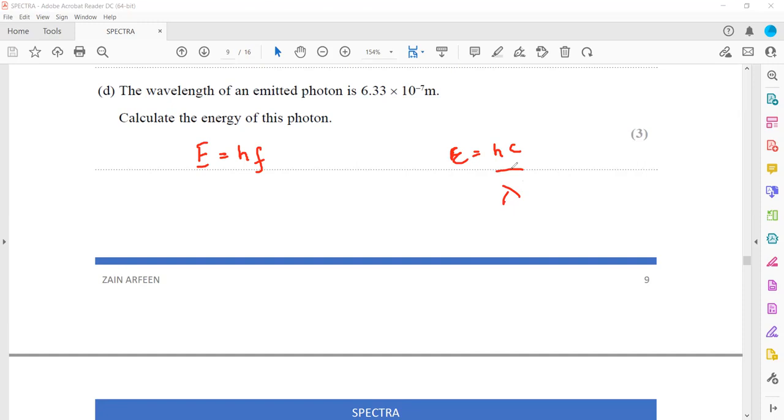Separately, you can work out the frequency by speed divided by wavelength and then substitute in the formula E = hf, or you can directly use the formula hc/λ to get the final answer, where h is Planck's constant, c is the speed of electromagnetic radiation, which is 3 × 10^8, and the wavelength is given in the question, which is 6.33 × 10^-7.